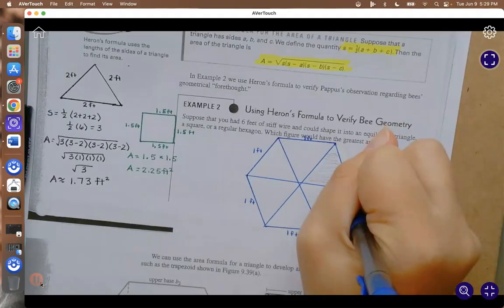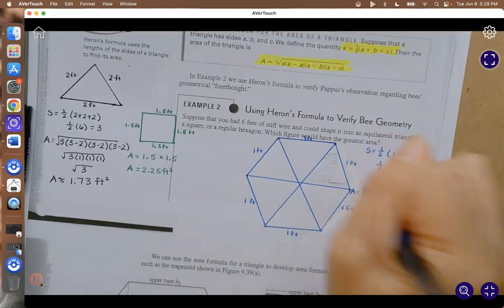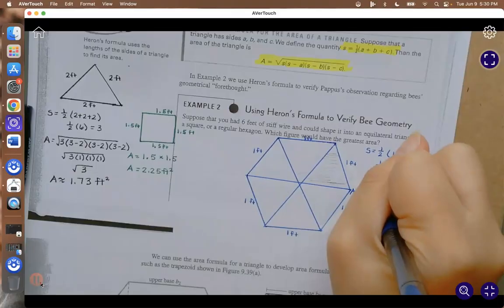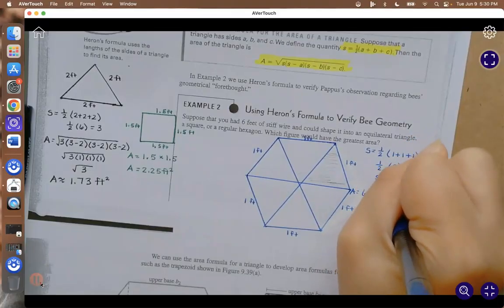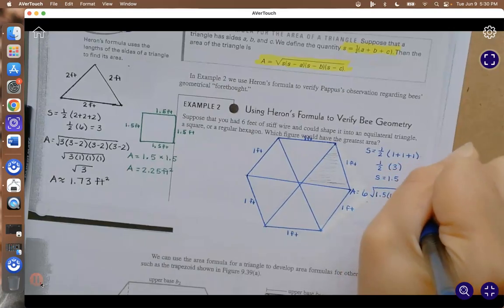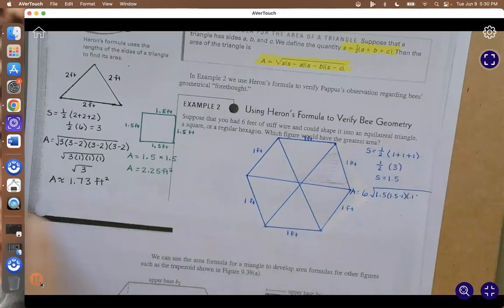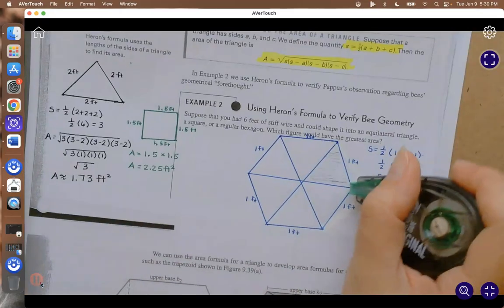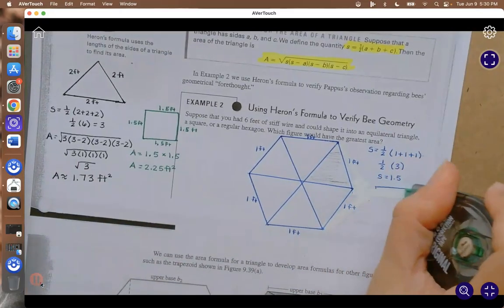Okay, area equals. So we're going to do 1.5 times 1.5 minus 1, 1.5. I'm not going to put this right here because it is all kinds of crammed up. I'm going to come down here to the bottom and do it.